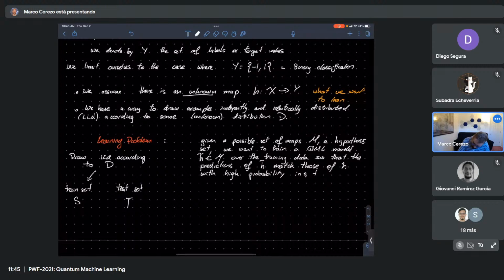So where do we want them to match? We want them to match with high probability in the training set. This is what we usually call low training error.